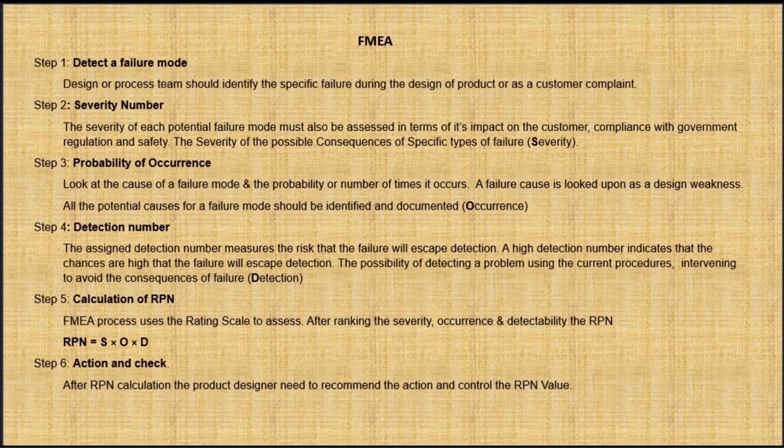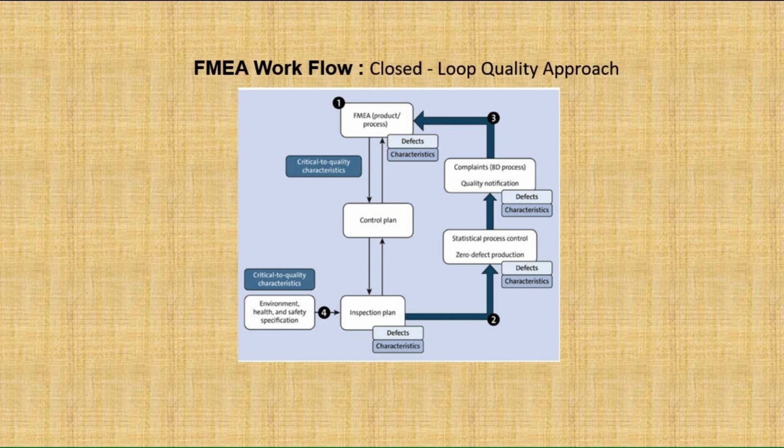Then of course I will repeat the whole cycle again. I will analyze my failure modes again, the whole action plan will be repeated, and I monitor the characteristic which is critical.